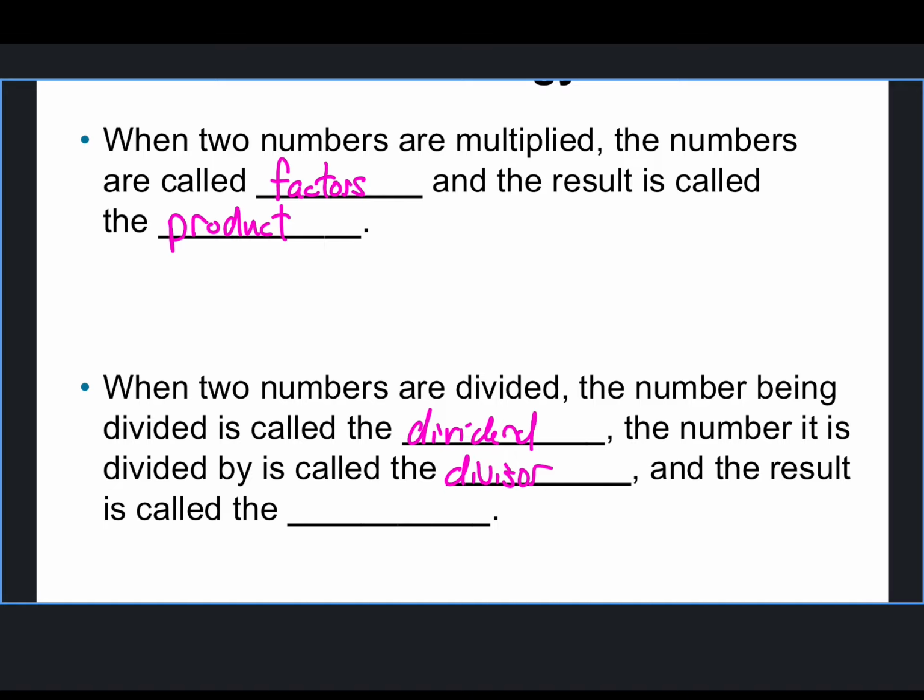And the result, let me rewrite it, is the dividend, D-I-V-I-D-E-N-D, dividend. Yes, divisor is the second word. The number it's being divided by is called the divisor, and the result is called the quotient. It does start with a Q.